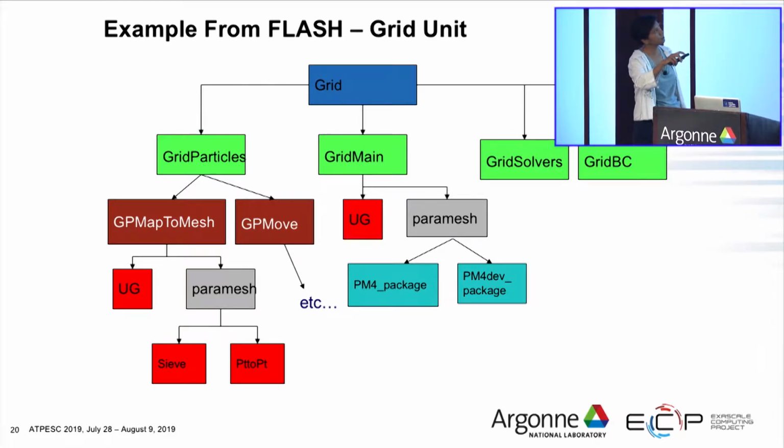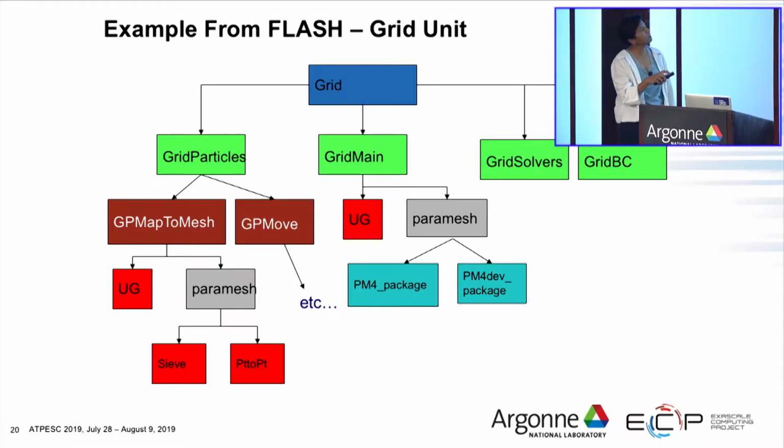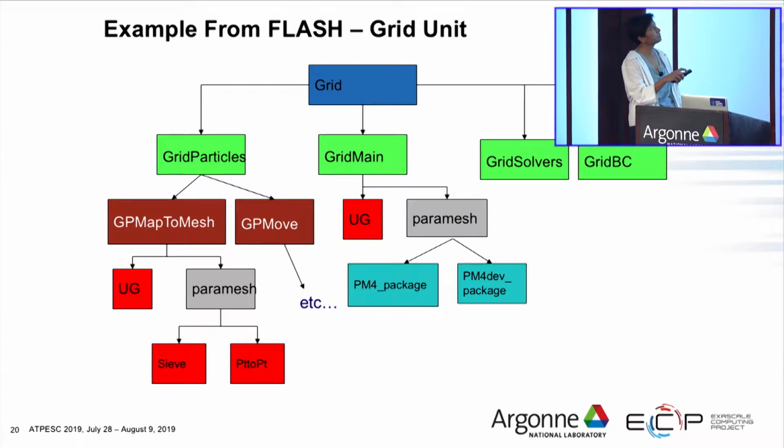So this is, in Flash parlance, the unit grid, which has all of the mesh functionality. Within grid, there are actually 4 different distinct functionalities that have their own subunits, and again they're well encapsulated. So this one deals with the Eulerian mesh, this one deals with Lagrangian data structures that exist that move on top of this Eulerian mesh.